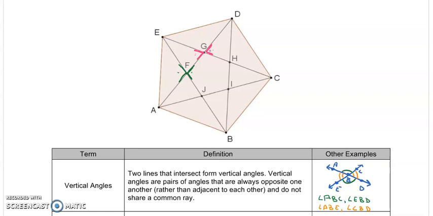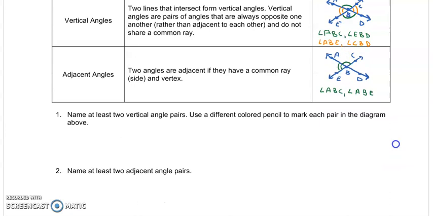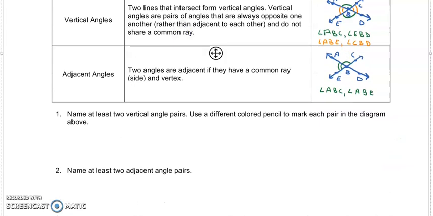You're also going to be doing number 2, which is to name at least two adjacent pairs. So remember, adjacent are ones right next to each other, like this angle and this angle. These two angles are adjacent to each other. So again, I'm going to give us an example of each one of these, and then you're going to try one on your own.